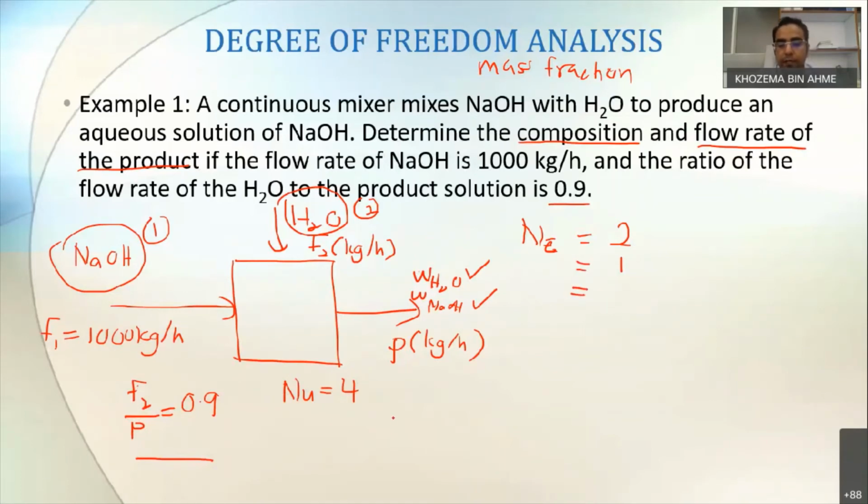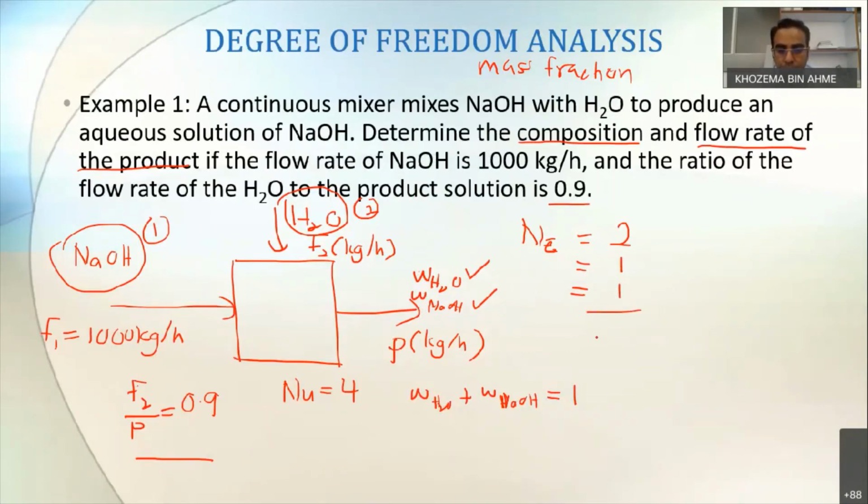I have an implicit relationship between the mass fraction of water and the mass fraction of NaOH, meaning that whatever mass fraction we have, we always know that mass fraction of H2O plus mass fraction of NaOH must always equal 1. So this is another implicit relationship or equation I have.